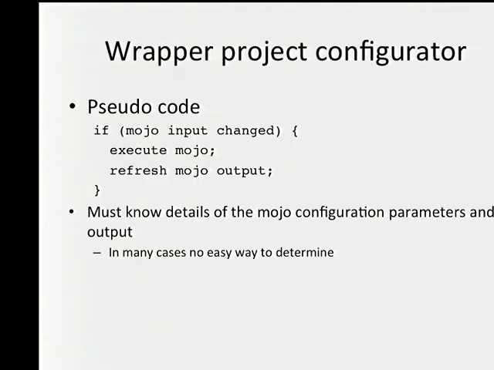There is another pattern that I also see quite frequently. Instead of making workspace support part of your module code, which is not always possible because you do not control the sources of the module, you can wrap module execution in a project configurator that unfortunately will have to know details of how the module is configured: what resources the module monitors or expects as input, and what class resources it generates.